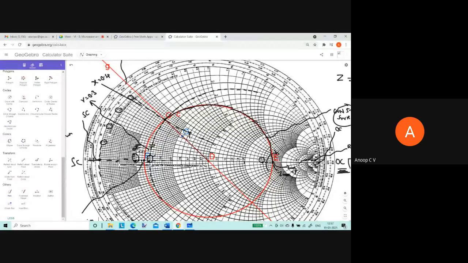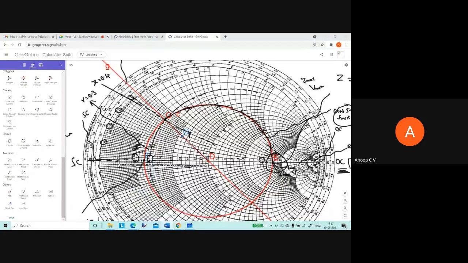At the point E, we will have Z max and V max. So from this point C, the load end, if I travel this much distance, I will find the first maximum.